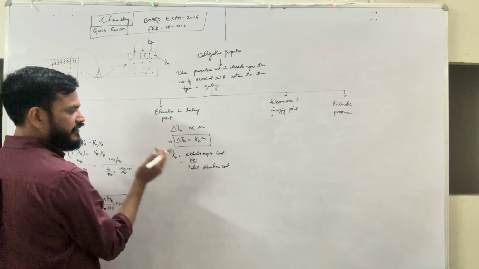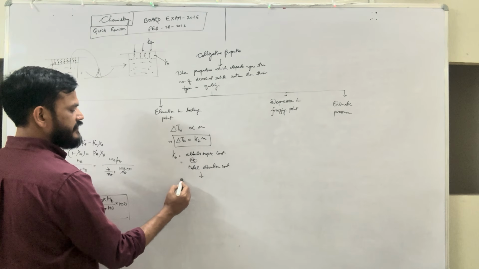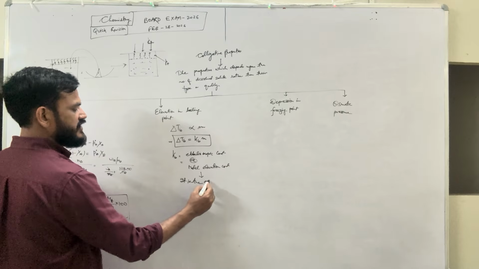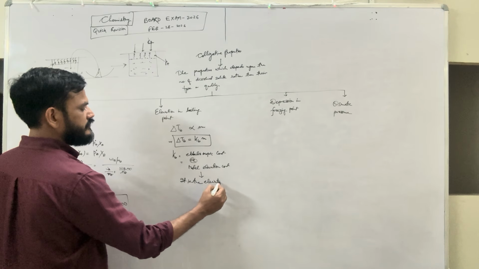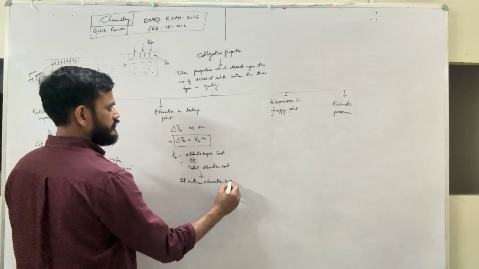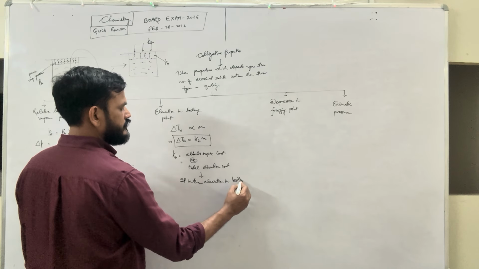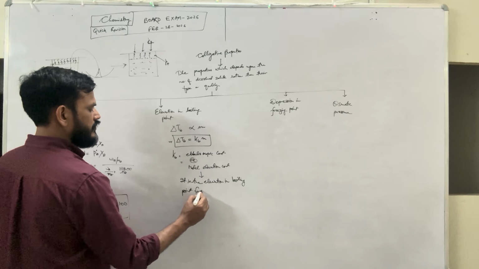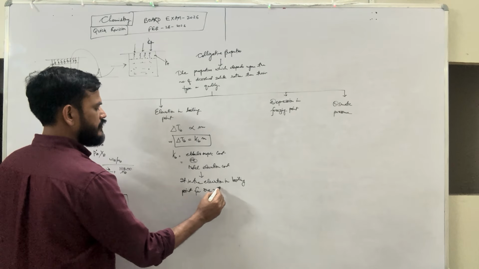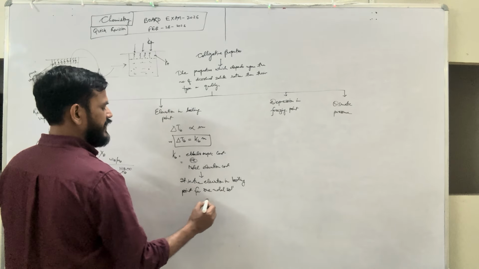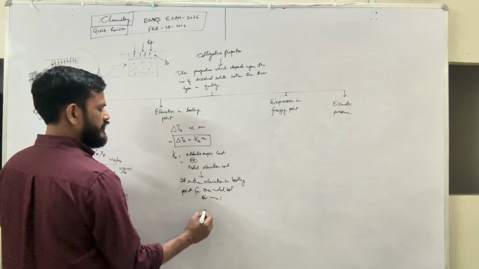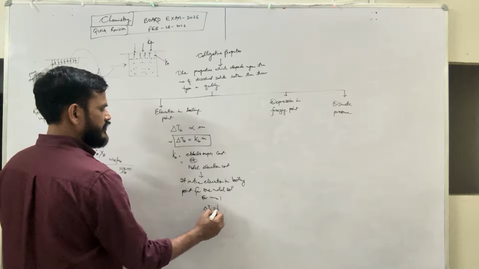How to define the ebullioscopic constant? It is the elevation in boiling point for 1 molal solution. That is, for m equal to 1, one gets ΔT_b equal to K_b.